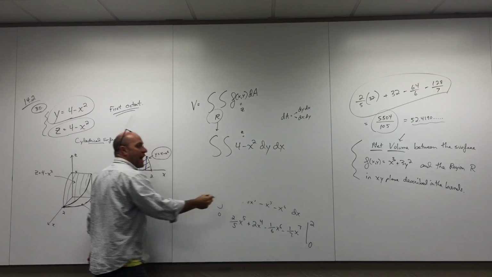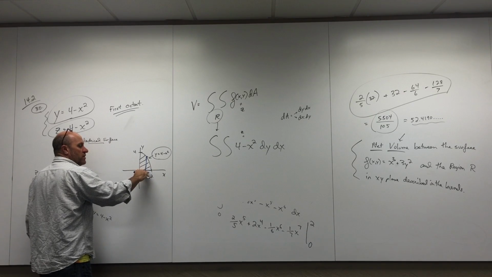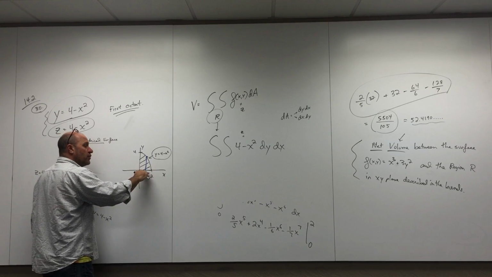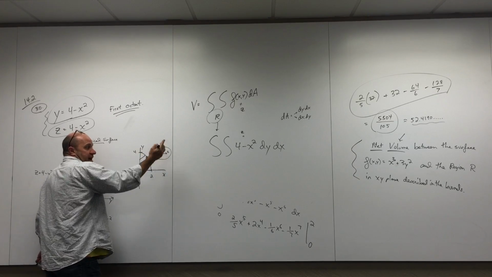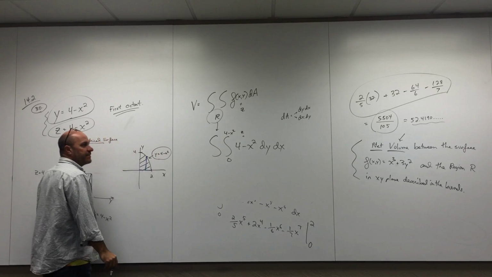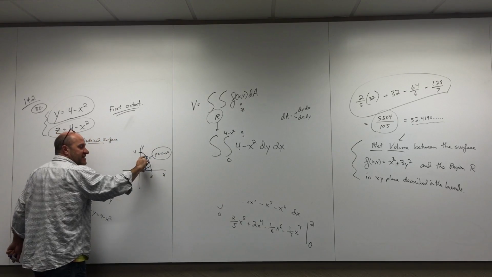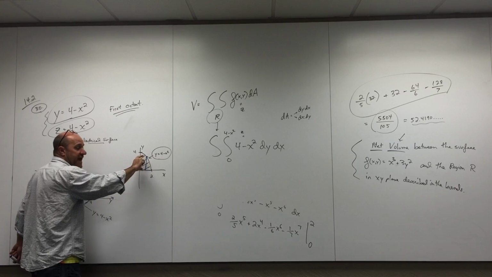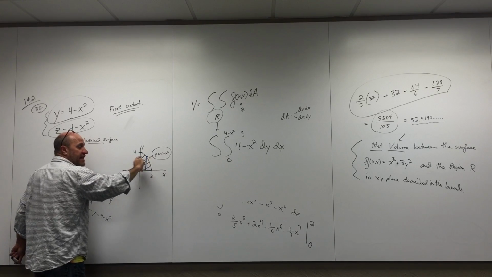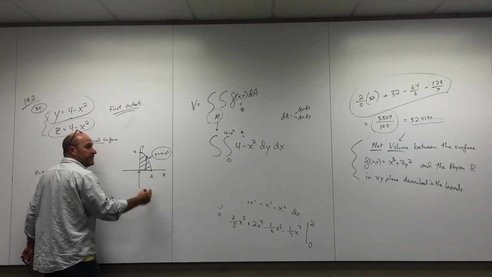And the bounds for y are y equals 0 to y equals the parabola, 0 to 4 minus x squared. After y does that, I need to let that y stick that's doing that move this way and take care of all the x's. All the x's from 0 to 2.